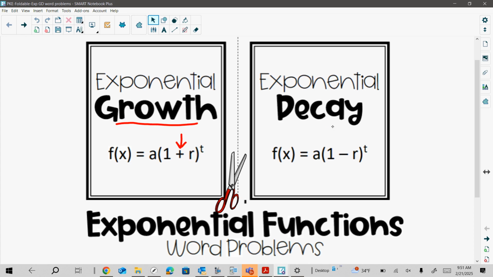Now, for decay, we're subtracting. So that means our rate would be less than 1, but greater than 0. So if I see words like increasing, we're going to add in the parentheses, versus decreasing, we're subtracting. All right, so we're going to start with growth first.